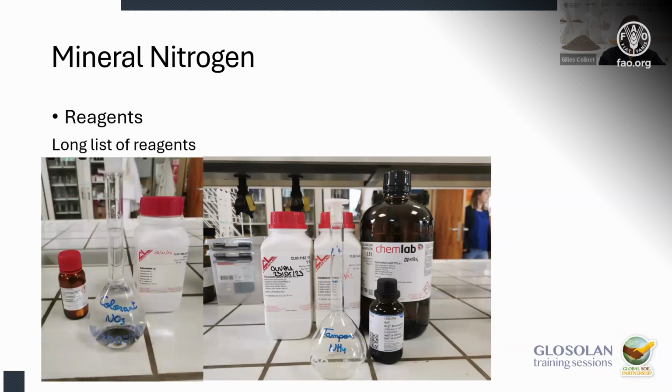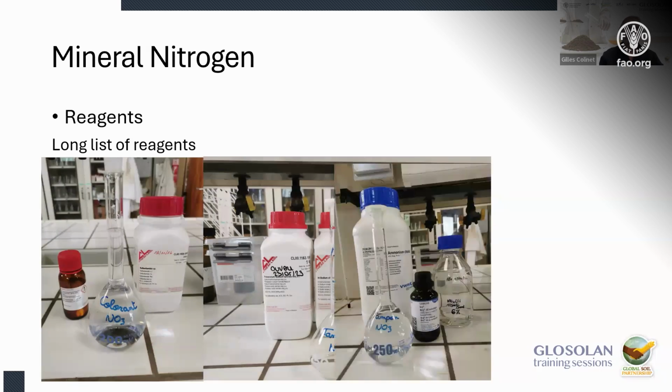The same for nitrate. We have other products for the coloration development on one side, and for the feeding of the apparatus on the other side. So you have a list of products for color development and another list of products for the buffer solution.